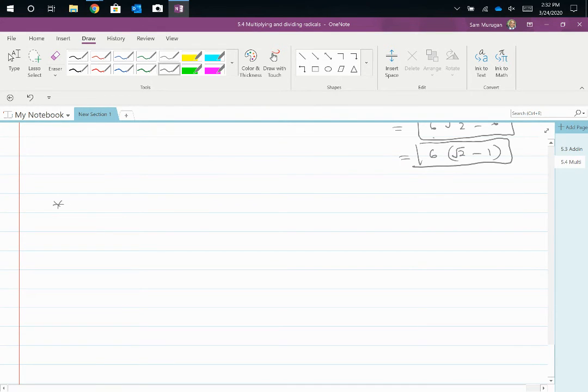I've got 9 over 6 minus the square root of 3. So I multiply both numerator and denominator by the conjugate, which is 6 plus the square root of 3. That gives 9 into 6 plus the square root of 3.